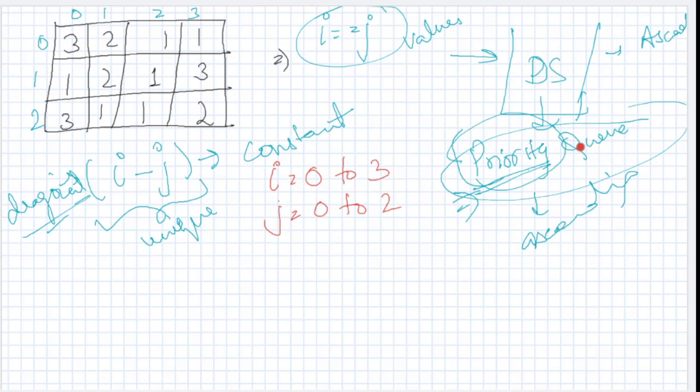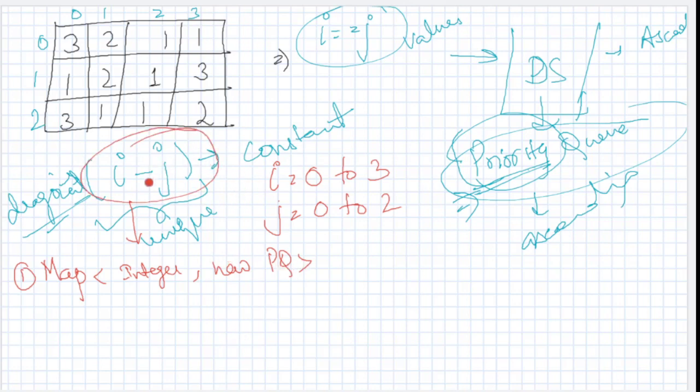What you have to do is create a map. That map points from an integer value, this i minus j, to a new priority queue associated with that value. Why? Because we need to check that this is unique. So first we need to check if we have this i minus j value, then it's fine.